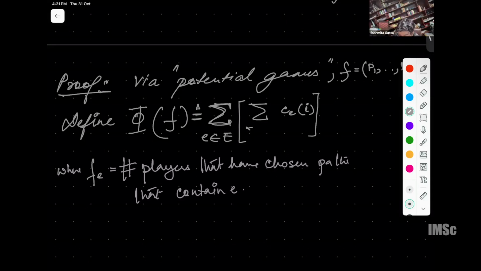So f of e is necessarily an integer. So this i is going from 1 to f of e, and this is the quantity. Okay. All right.